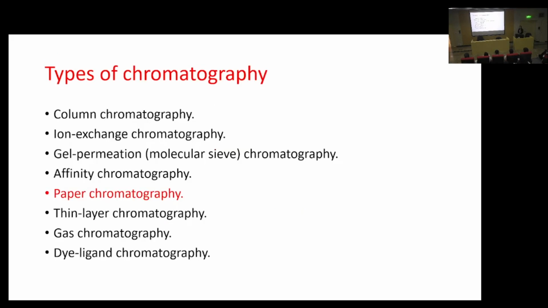There are different types of chromatography. You do not need to know the different types, just that they do exist. There's column chromatography, ion exchange, affinity, thin layer chromatography, gas chromatography, and the list goes on. The one that I'm going to talk about today is the simple one, and that is paper chromatography.